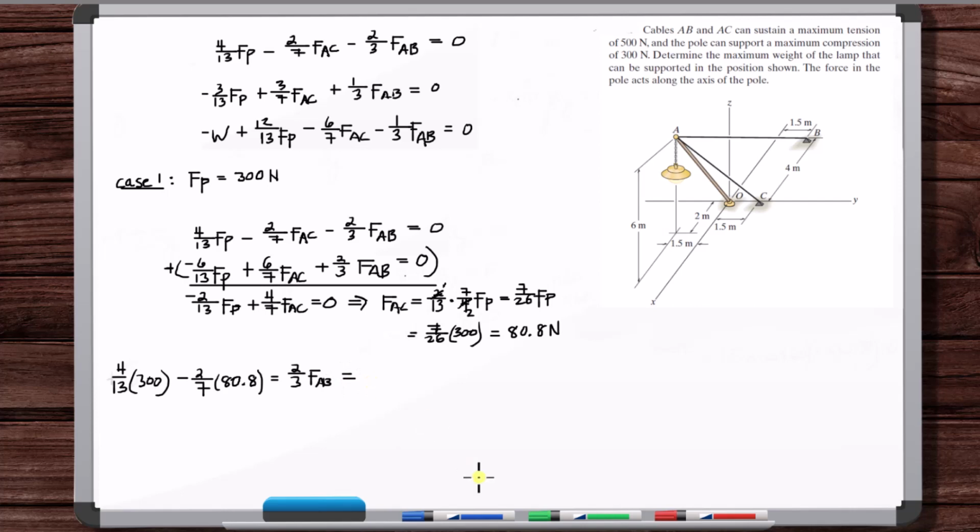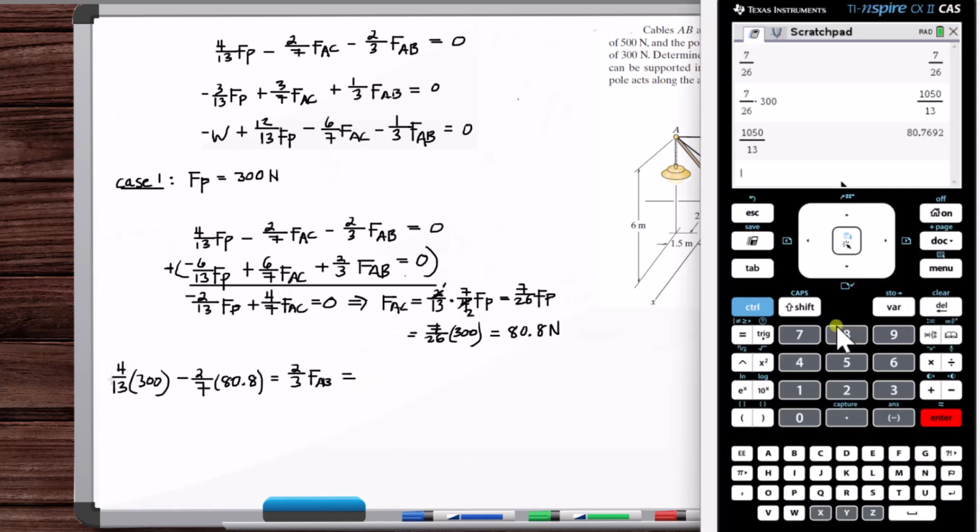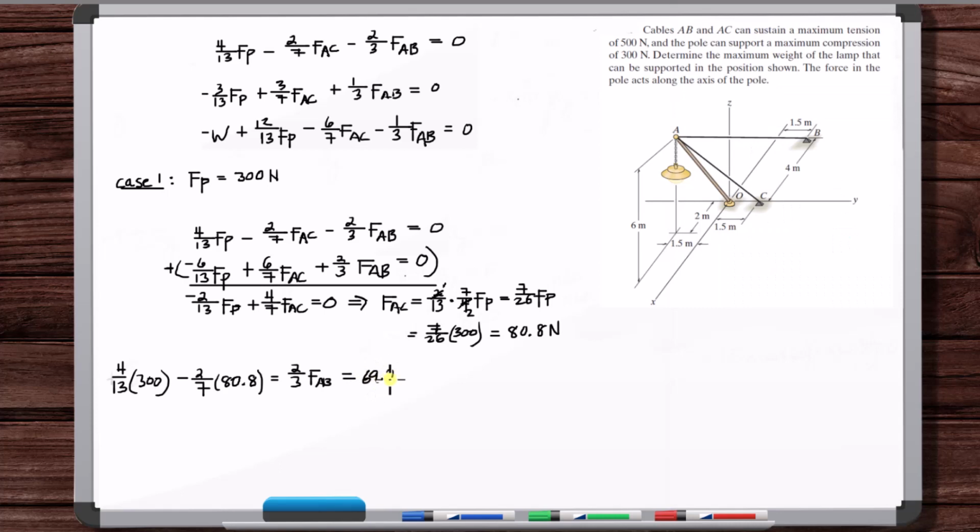Okay, so 4 times 300 over 13 minus 2/7 times 80.8. Okay, so this is 69.2.